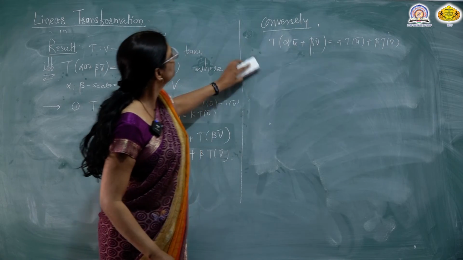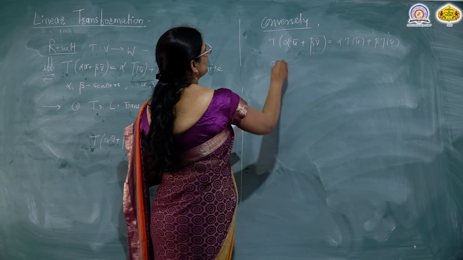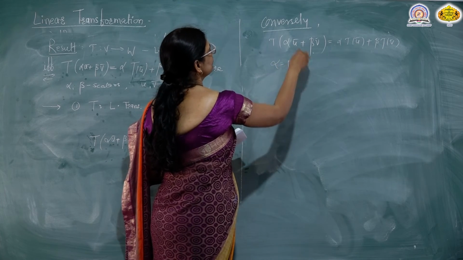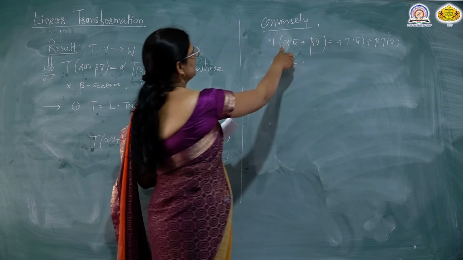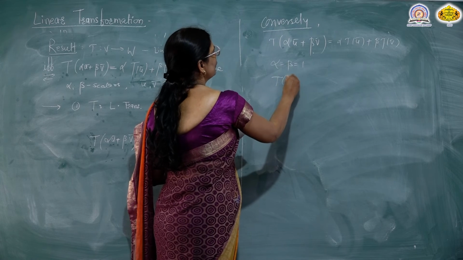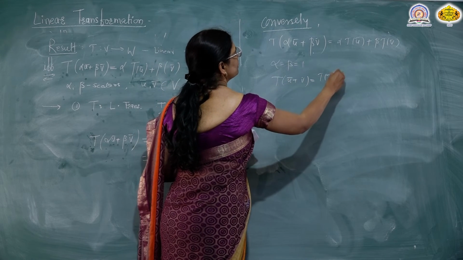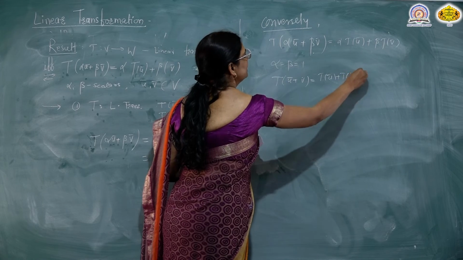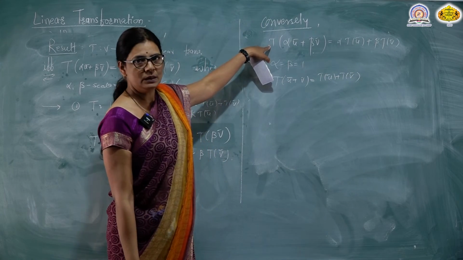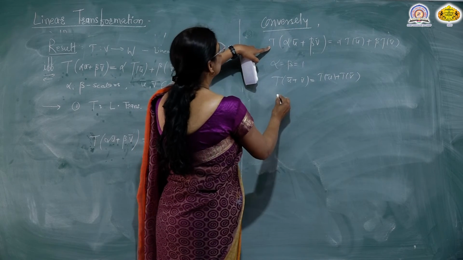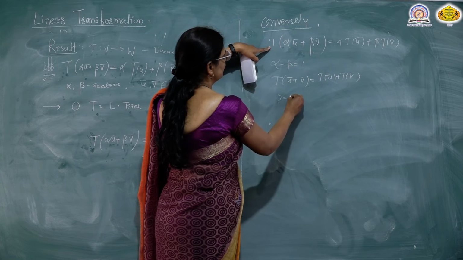Now here we put alpha and beta both equal to 1. So this equation becomes T of u bar plus v bar is equal to T of u bar plus T of v bar. Again in the same equation we put beta equal to 0.